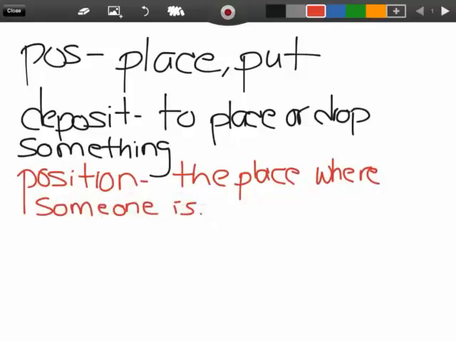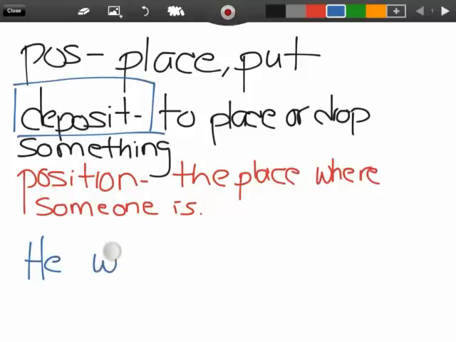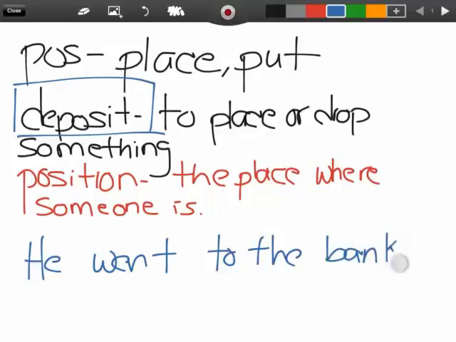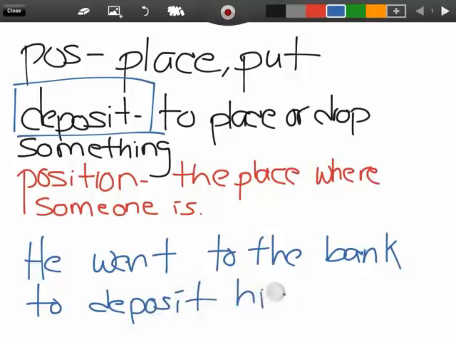I'm going to use deposit in a sentence. He went to the bank to deposit his money. I'm going to read that to you one more time. He went to the bank to deposit his money.